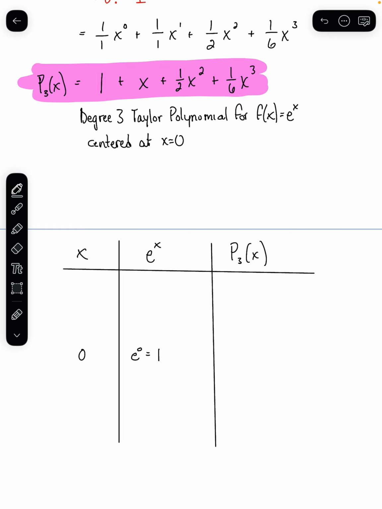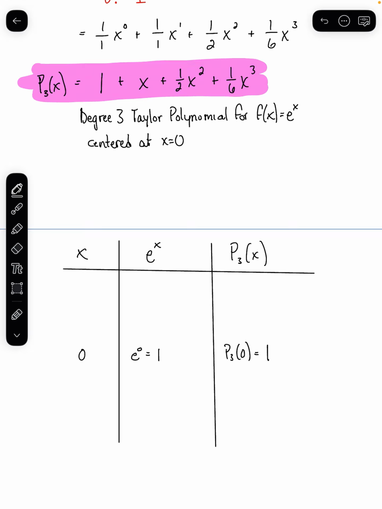We have e to the 0 is, of course, equal to 1. And if we look at the Taylor polynomial, it's just a polynomial. Polynomials are very easy to evaluate, especially at x equals 0, because it makes all of the terms drop out except for the constant term. Perfect. So what we can see is that at x equals 0, at the centering value, the Taylor polynomial is providing the exact value of the original function, and that is what it is supposed to do.